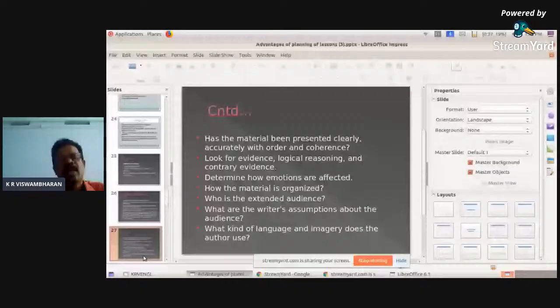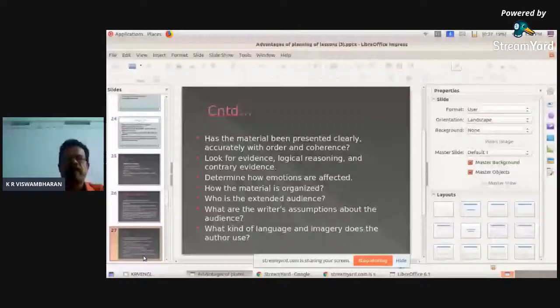Another important point. I told you the author has a definite purpose for the readers.